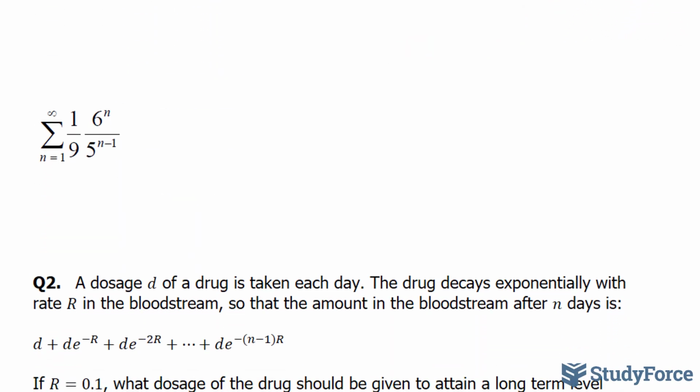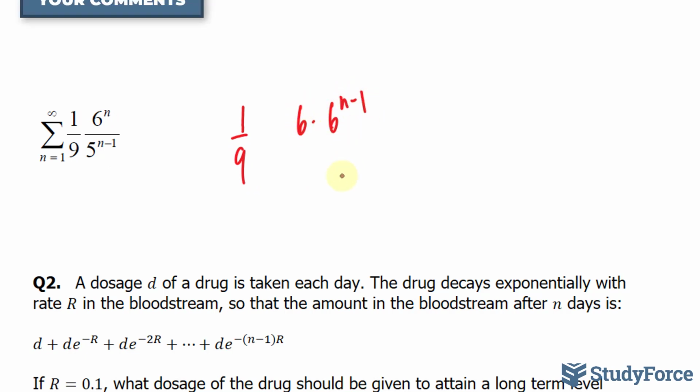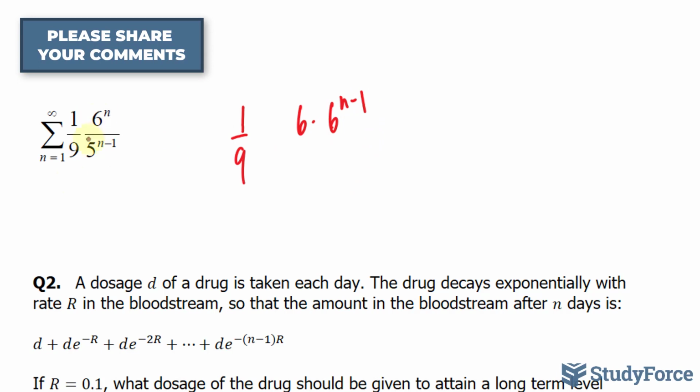We have the sum of 1 over 9 times 6 to the power of n over 5 to the power of n minus 1. Once again, we need to algebraically manipulate this so that it's in a format where a and r are visible. Here's how you do it. First, you'll keep 1 over 9, and you'll multiply 6 to the power of n with 6 times 6 to the power of n minus 1. Together, this is the same thing as 6 to the power of n.